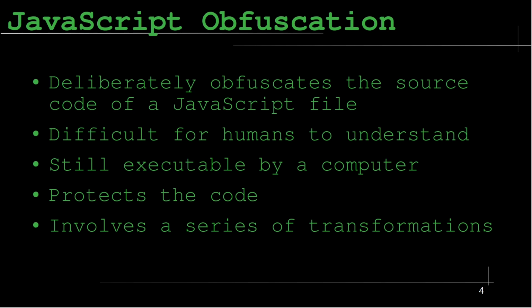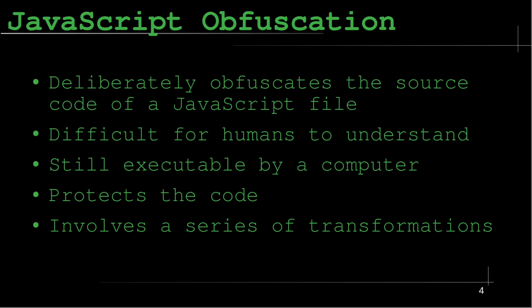The main purpose of JavaScript obfuscation is to protect the code from being stolen, copied, modified, or reverse engineered by unauthorized parties. This can be useful for various reasons, such as protecting intellectual property and business logic, preventing cheating and tampering in online games, hiding sensitive data, enhancing security, and preventing attacks, reducing file size, and improving performance.